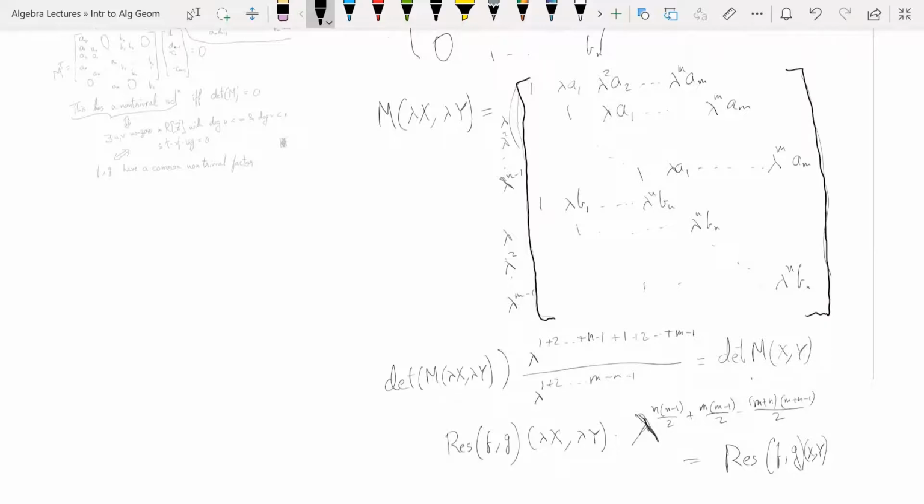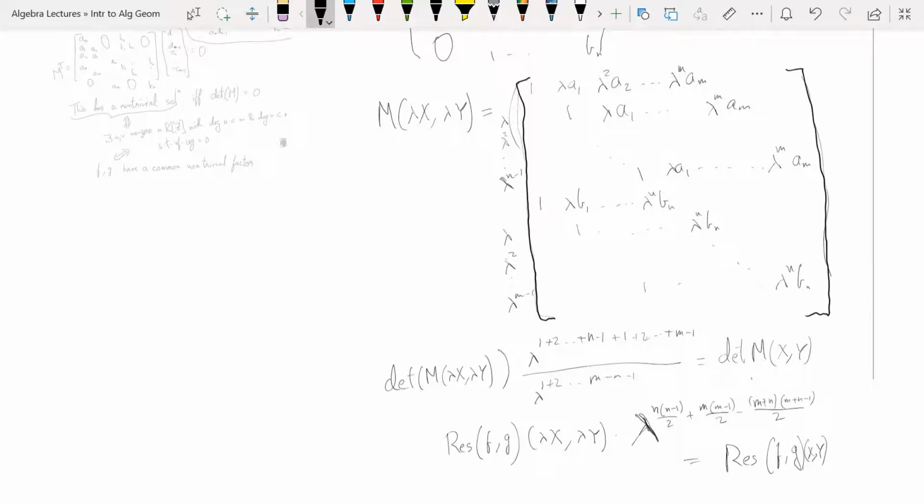The determinant of lambda x times lambda y, when we multiply by the product of these terms, lambda to the power 1 plus 2 plus up to n minus 1, and 1 plus 2 plus up to m minus 1, we get something where we can factor out copies of lambda squared, and so on.